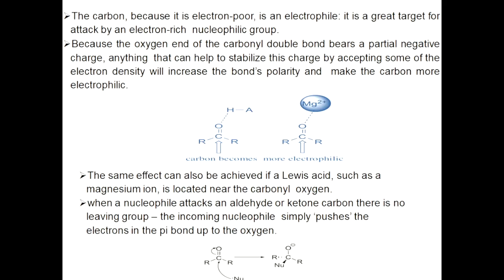Now, if we see the carbon, its electron density is less due to the positive charge. They are poor in electrons. That's why they can act as an electrophile, and they are more susceptible, more prone to be attacked by nucleophilic groups which are electron rich.